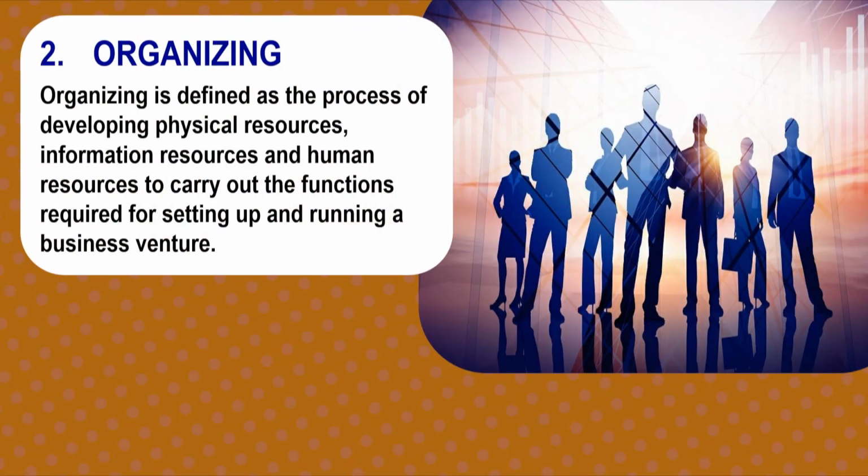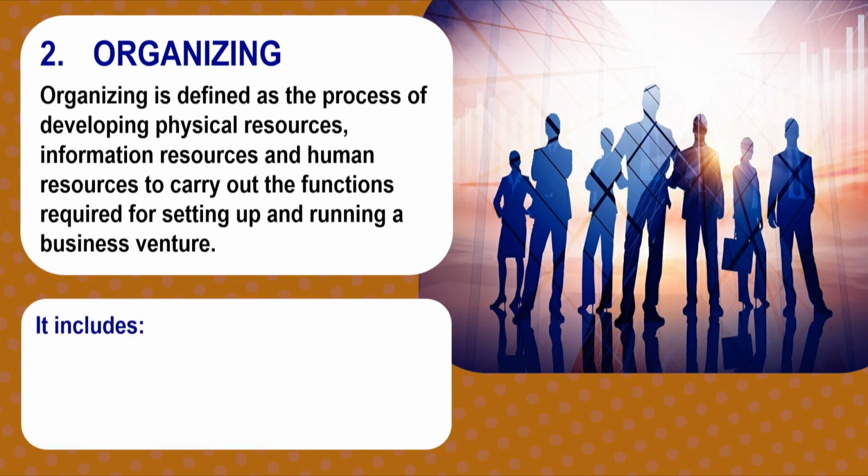The second function is organizing. Organizing is defined as the process of developing physical resources, information resources and human resources to carry out the functions required for setting up and running a business venture.